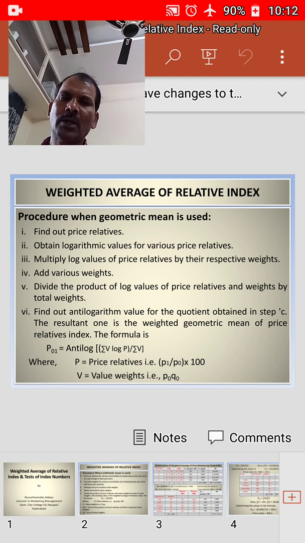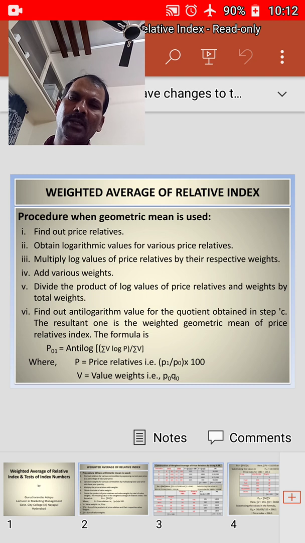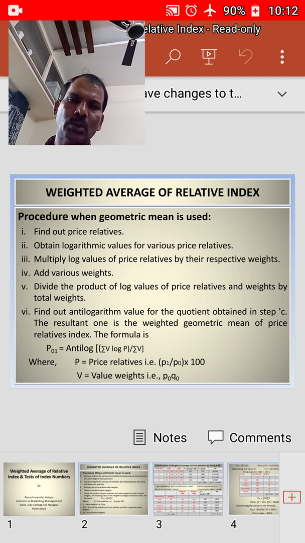The log P values must be multiplied with the given weights, and the quotient is divided by the sum of the weights, right? Where P is the price relatives, that is P1 by P0 into 100, and V is value weights, that is P0 Q0.